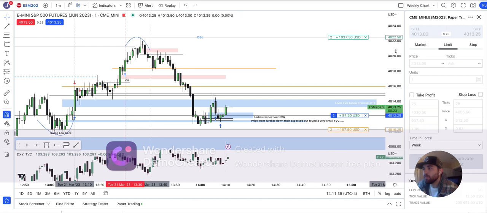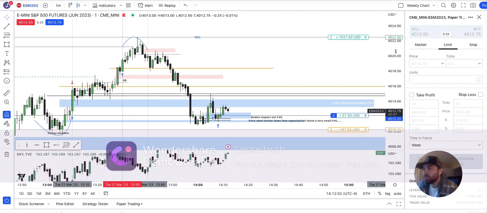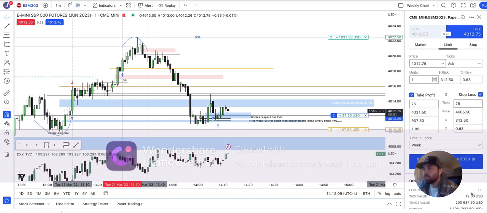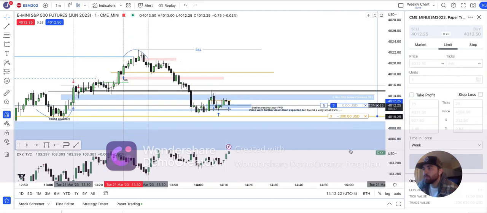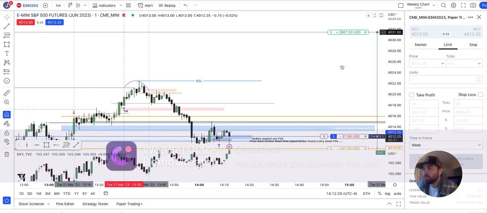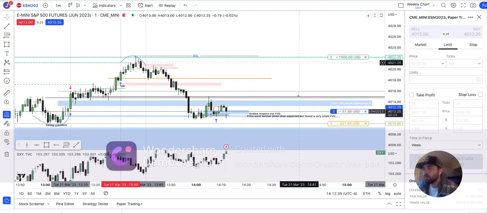If it comes back down though, I'm going to take one more. Build that position. Yeah, we'll take one in there. Once it comes back down, bingo. There you are. Full position, 3 contracts.